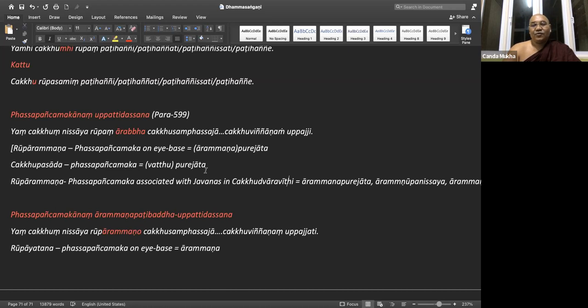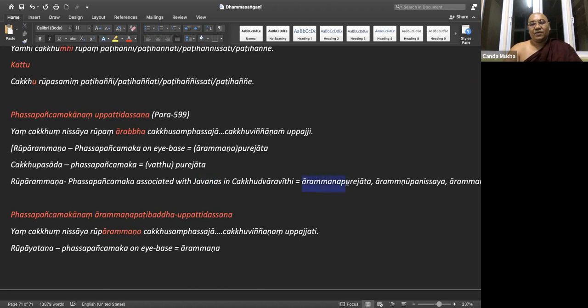Okay. So in the case of the Javana, sometimes the object is not strong enough, not a predominant object, a simple object, then a normal Chitta arises. So in that case, what happened?